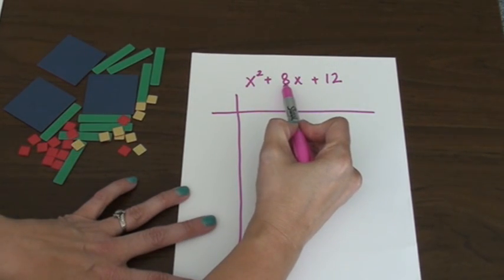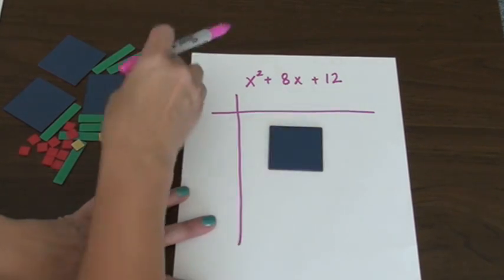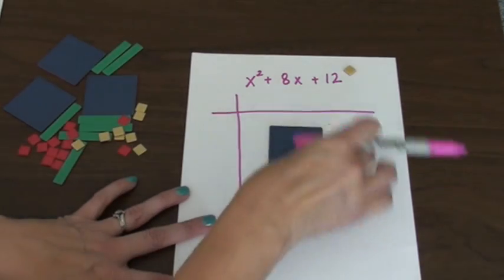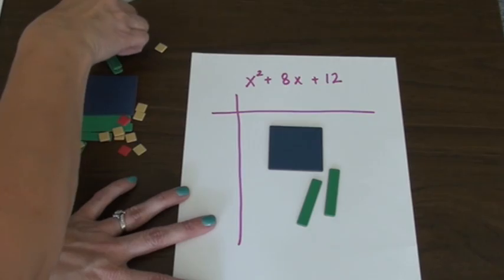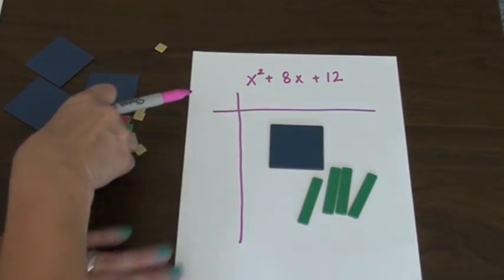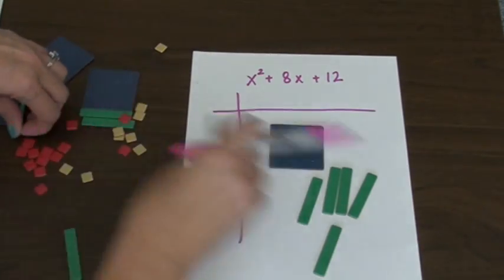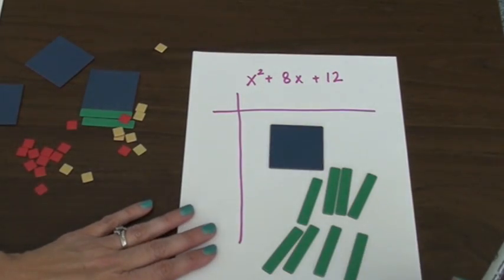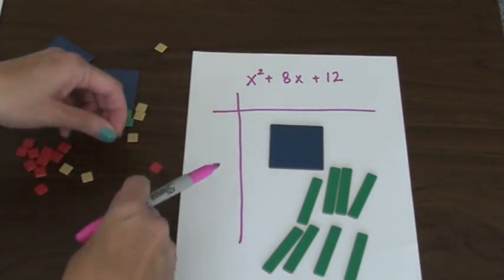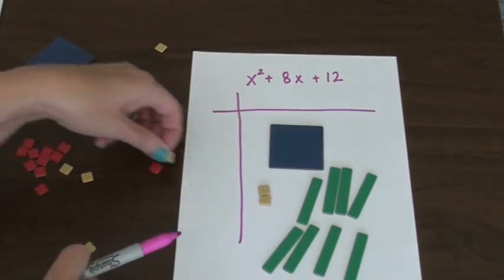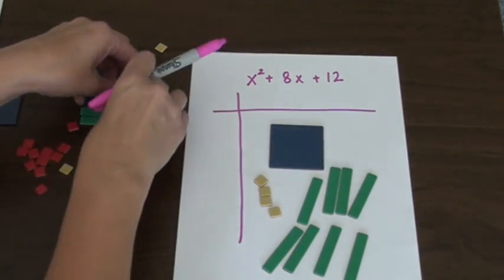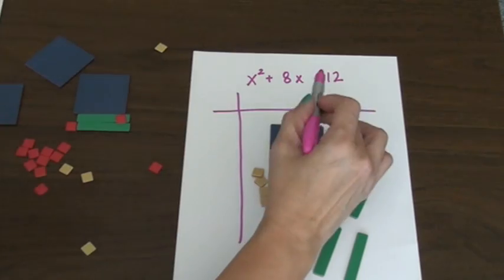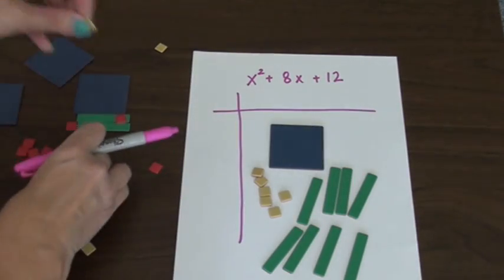My coefficient with my middle term is 8, so I'm going to pick 8 single x tiles. And then my last term is 12. I'm going to pick 12 of my 1 tiles. 12 is also your constant because I don't have a variable.